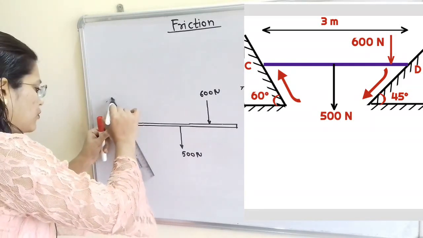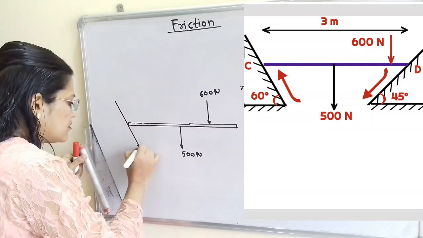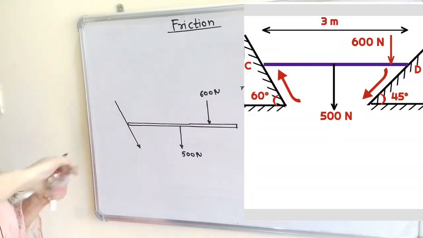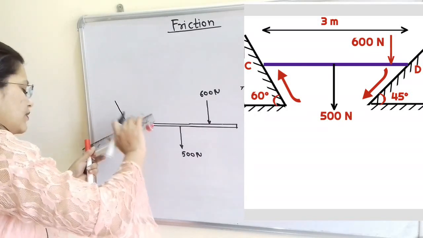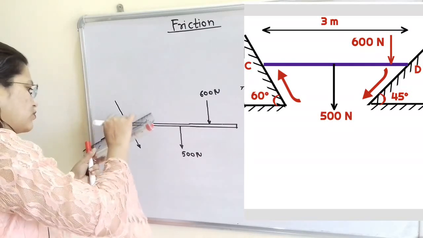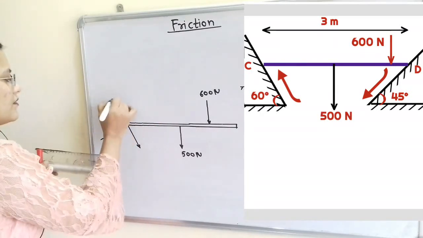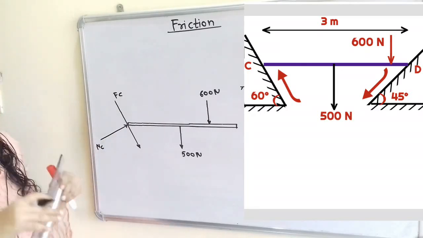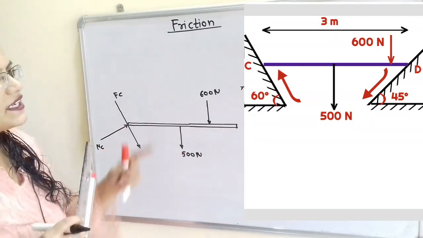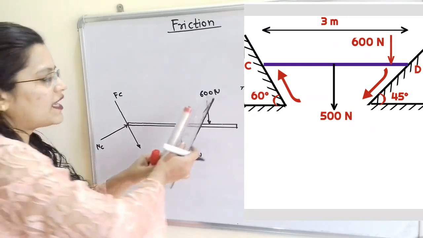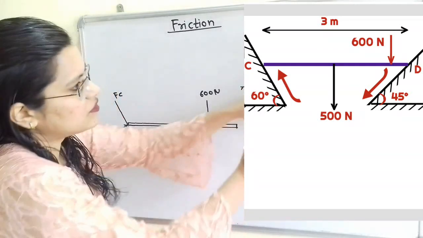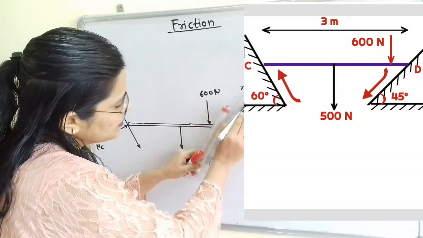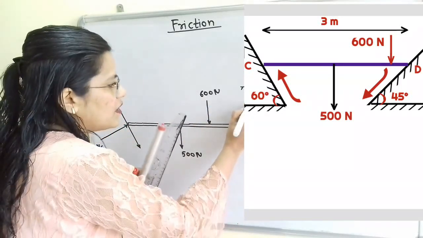So the frictional force is in the downward direction. Then the normal reaction should be perpendicular to the inclined line. So we have to show here, this is the normal reaction. Here the frictional force is Fc and the normal reaction is Nc. Now in the same way at point D, motion is in the downward direction. So we have to show the frictional force that should be parallel to this inclined surface, and it is in the upward direction.